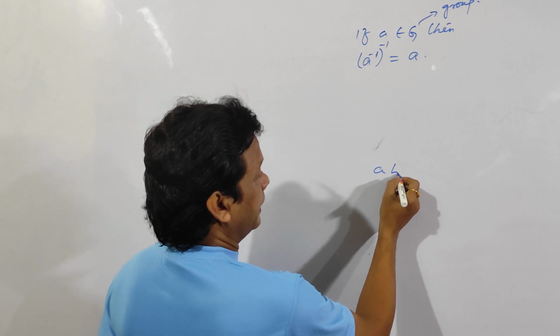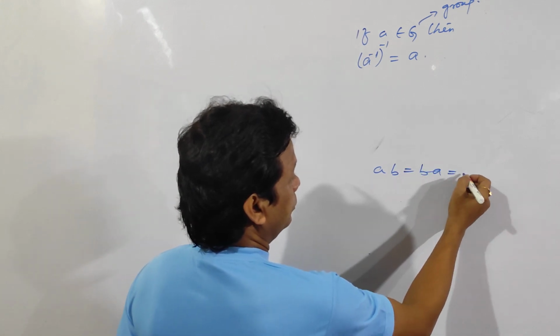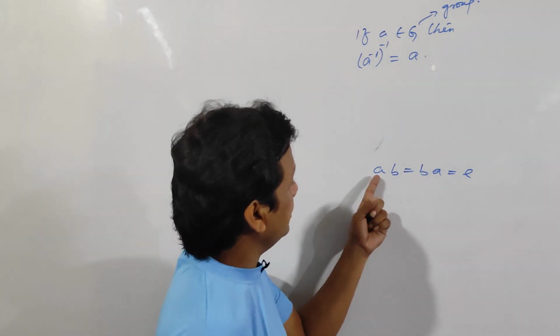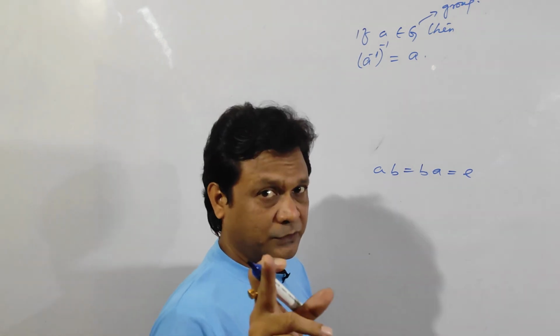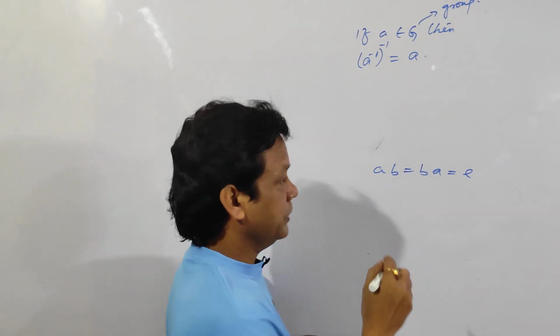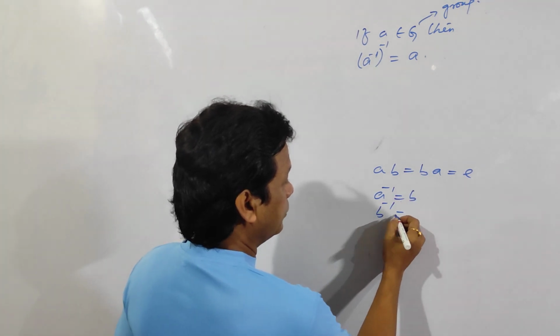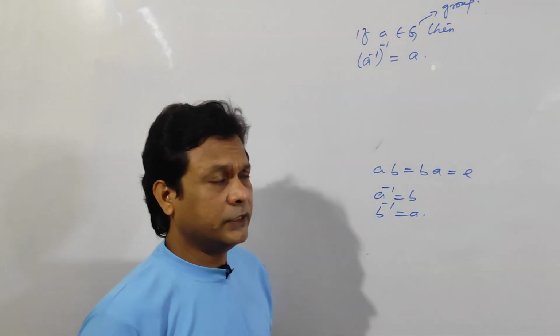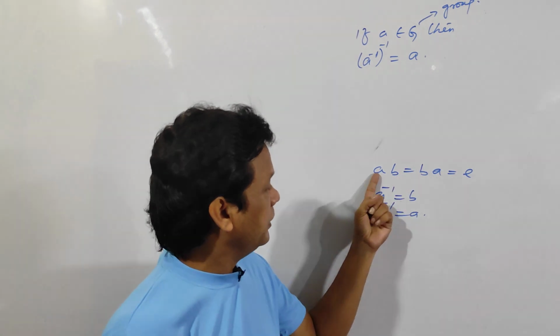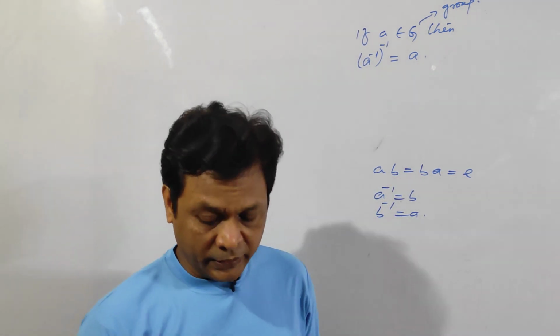Already I have told you, if A into B is equal to B into A is equal to E, the identity, then A is the inverse of B and B is the inverse of A. Is that clear to you? That means we can write A inverse is equal to B, or B inverse is equal to A. A is the inverse of B as well as B is the inverse of A. Okay, see here.